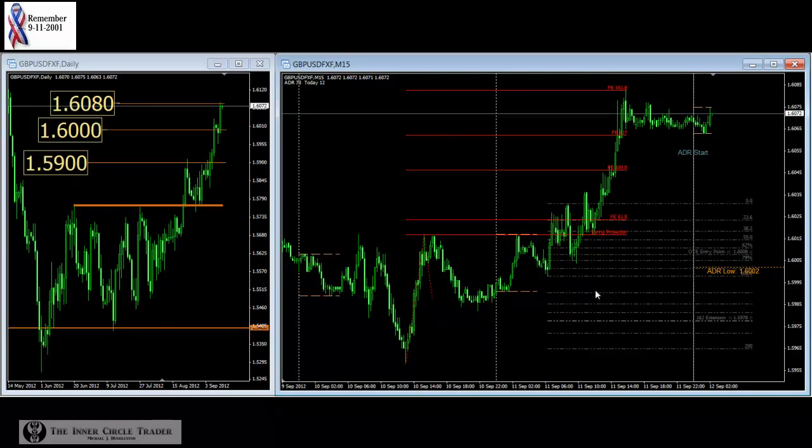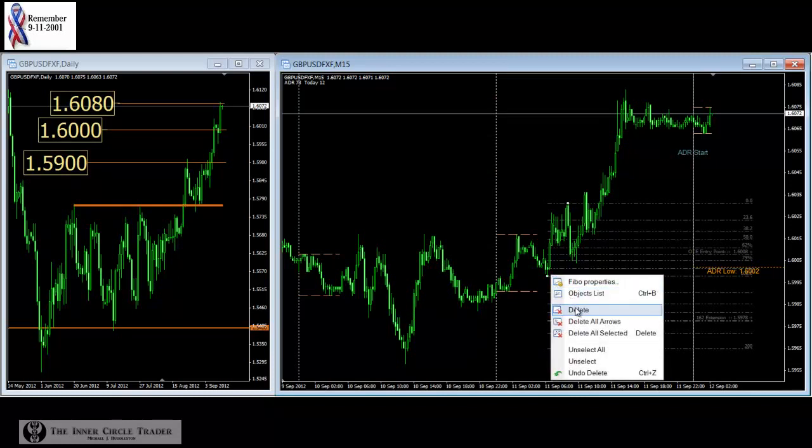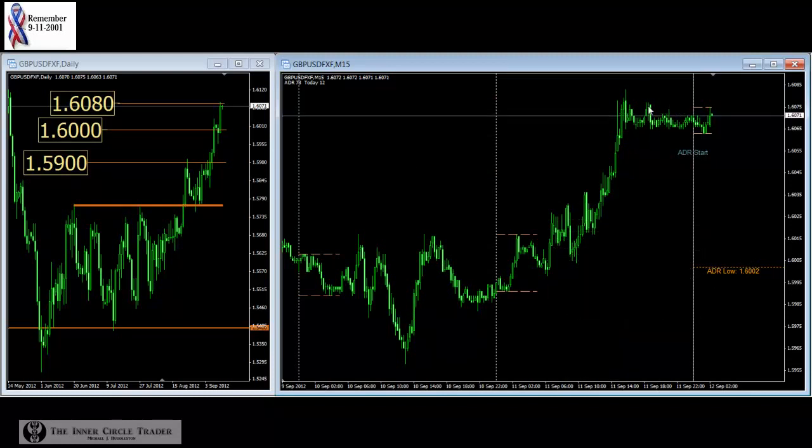That's not to say yesterday was the same. But looking at what price has done so far in here, it looks like we are consolidating, setting up a nice Asian range setup.